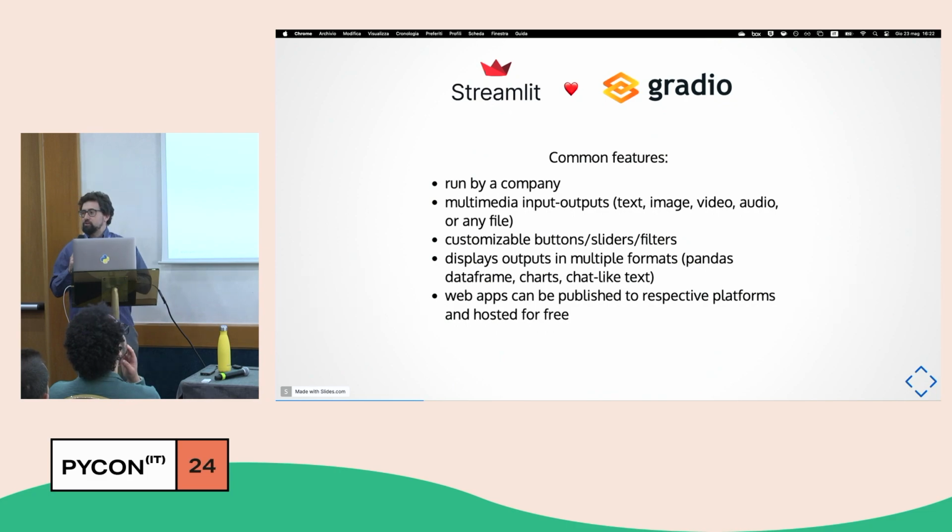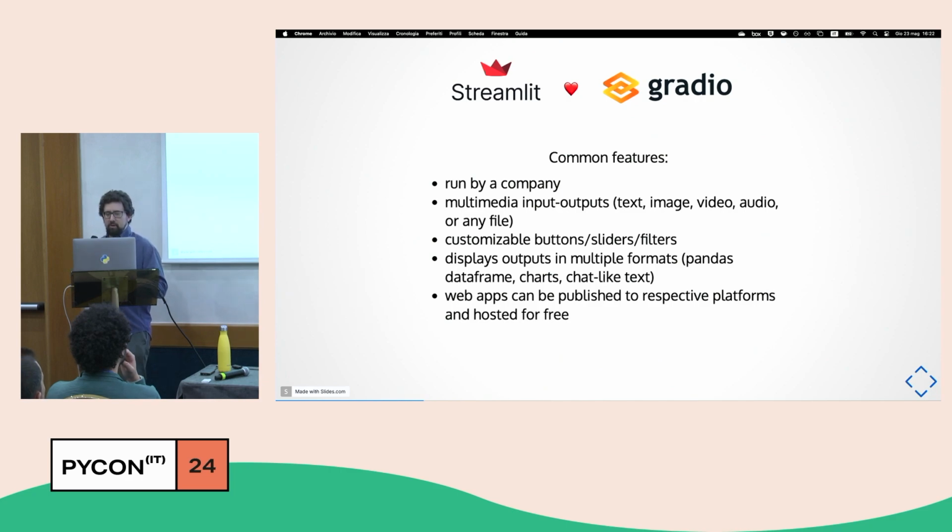There are many common features. Both of them are run by a company. Streamlit has its own Streamlit company and cloud service, while Gradio is on Hugging Face. On both of them, you can give multimedia inputs and outputs, like text, image, video, audio, or any binary file you can imagine.